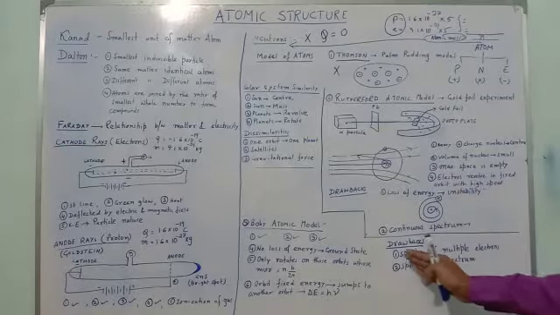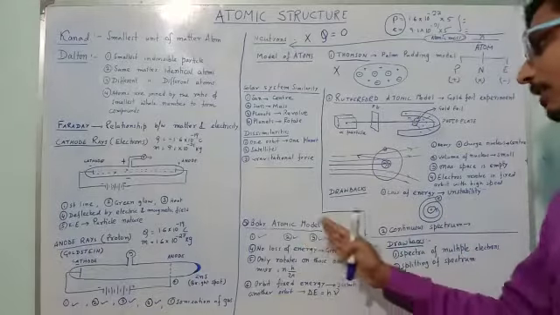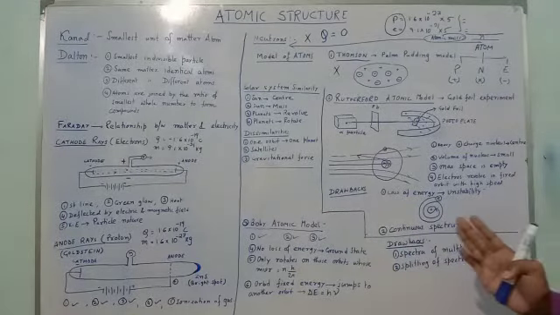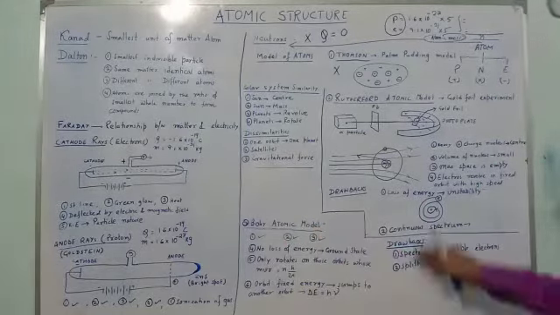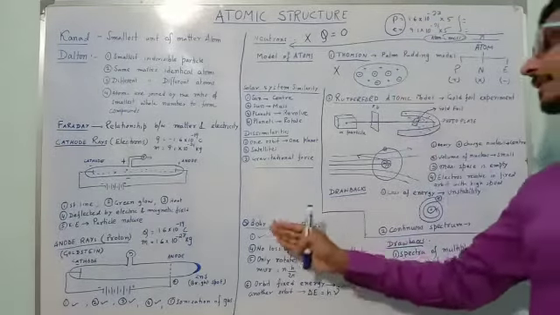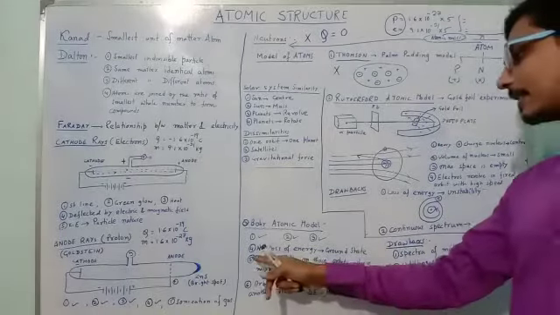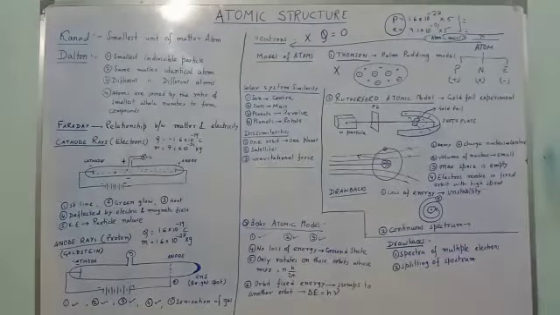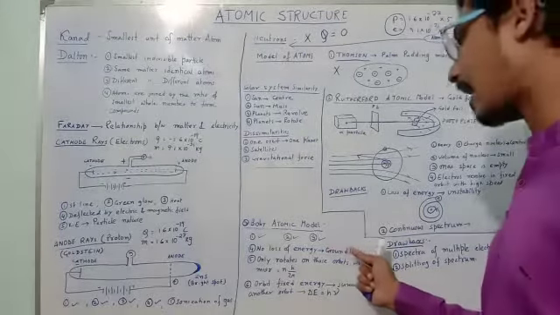This gives rise to the second or third last modern atomic model, given by the scientist Niels Bohr, and according to his name it is called the Bohr atomic model. Niels Bohr, who was a student of Rutherford, said that all right with the Rutherford atomic model, except one case: there should be no loss of energy when the electron revolves around the nucleus in its ground state.